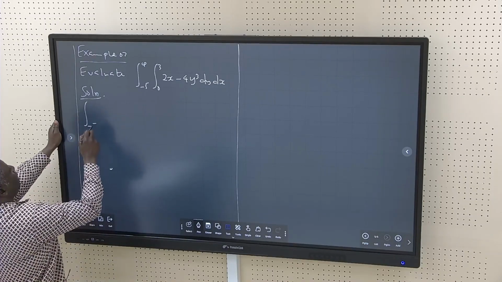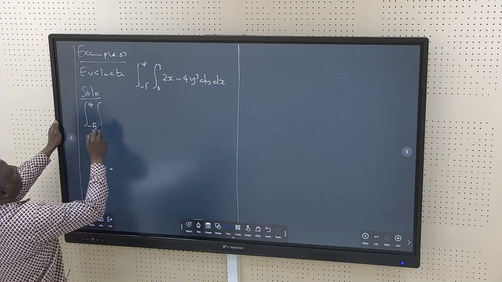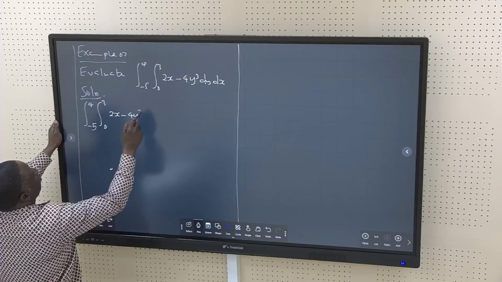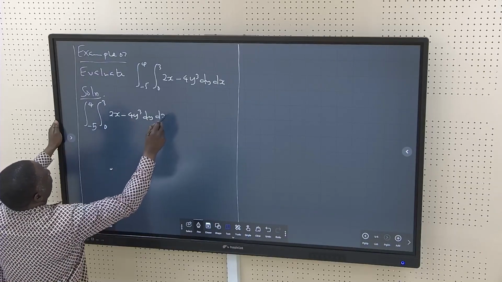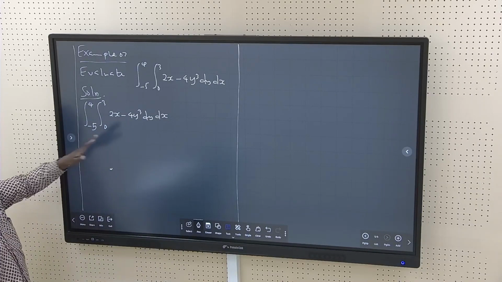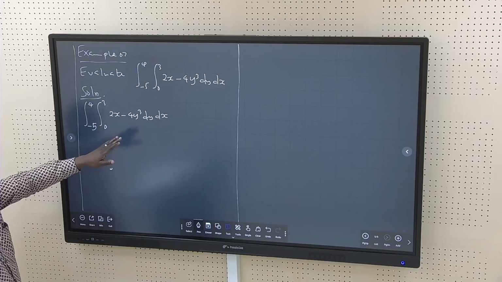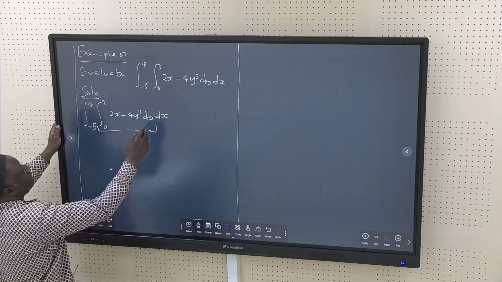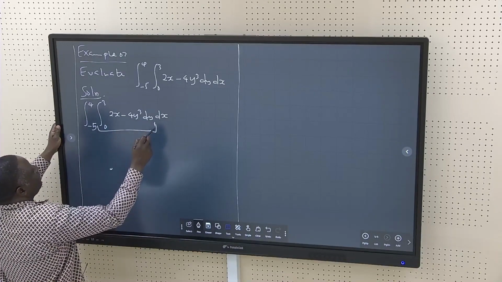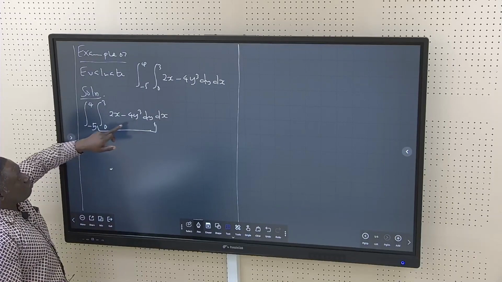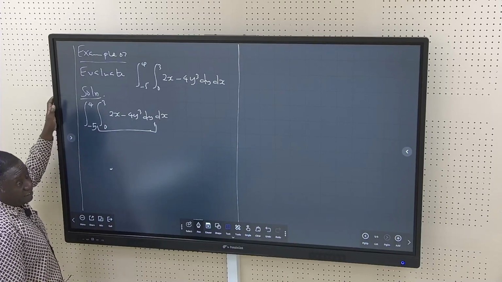The integral from -5 to 4, the integral from 0 to 3, of 2x minus 4y³ with respect to y with respect to x. Here we are instructed to start with integrating with respect to y, so we deal with the inside integral. If we integrate with respect to y, then 2x is constant.